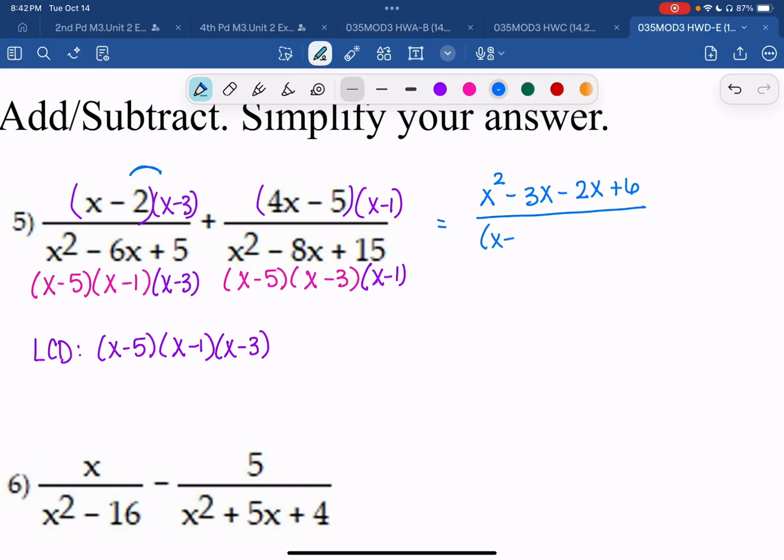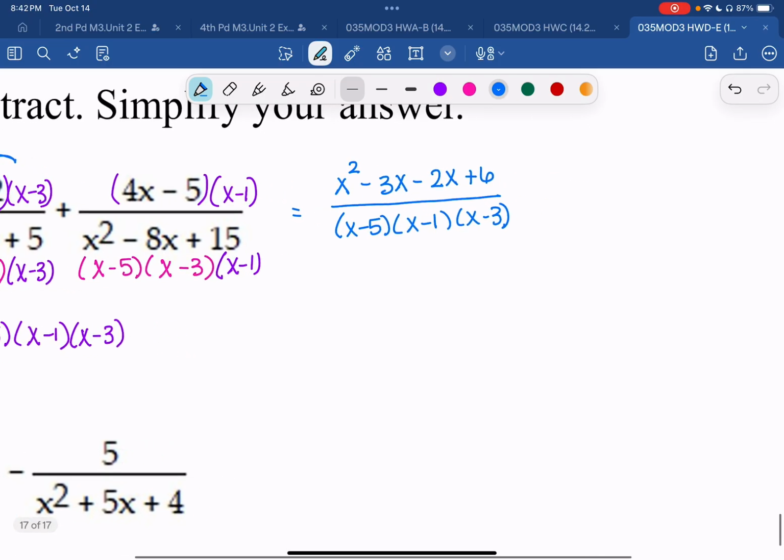All that over this. Okay, plus, I'll do the same thing here. So 4x squared minus 4x minus 5x plus 5.